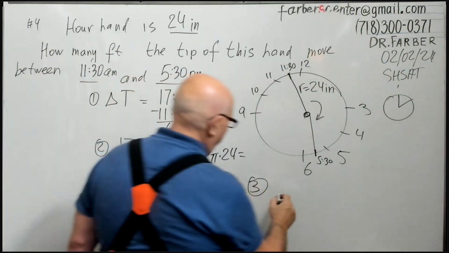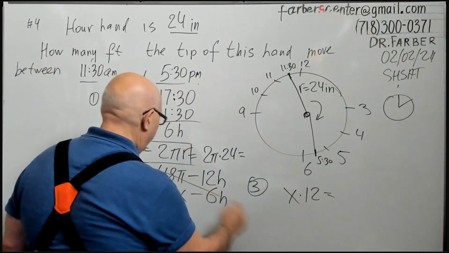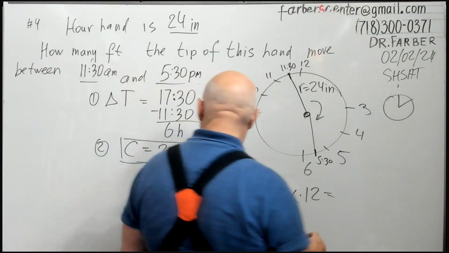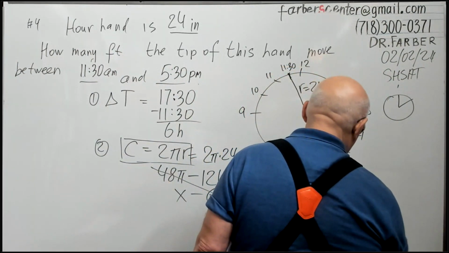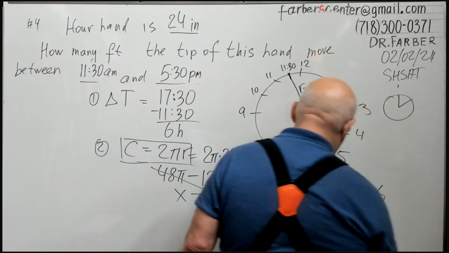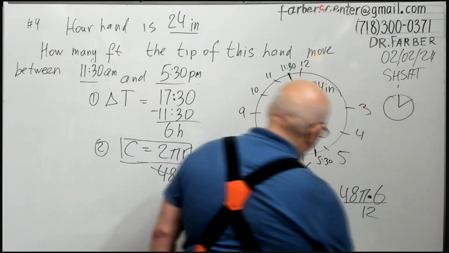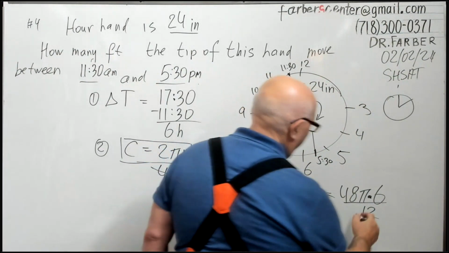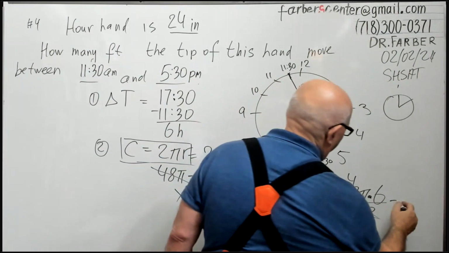X times 12 equals 48 pi times 6. Divide by 12. Cancel. 12 goes into 48 4 times. 4 times 6, 24 pi.